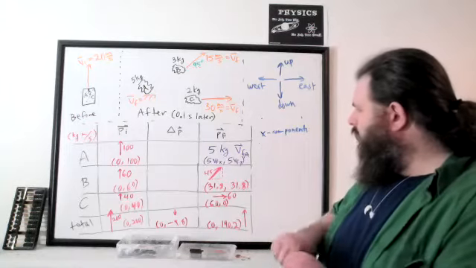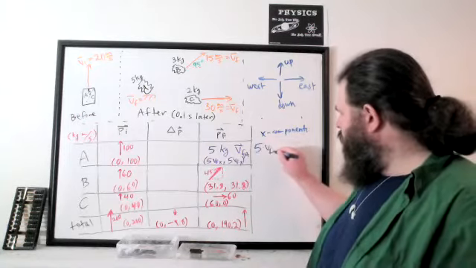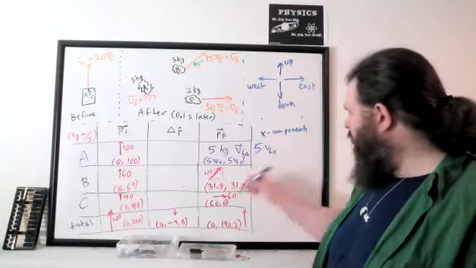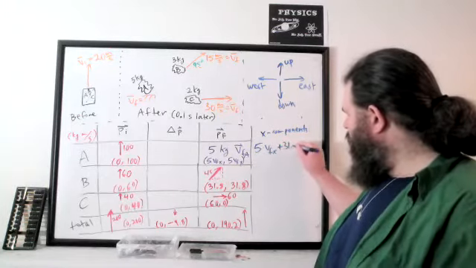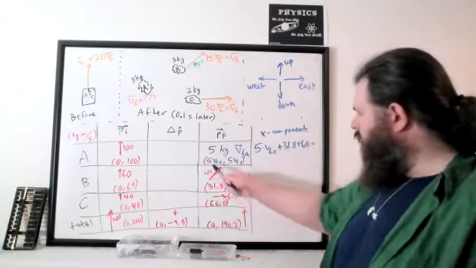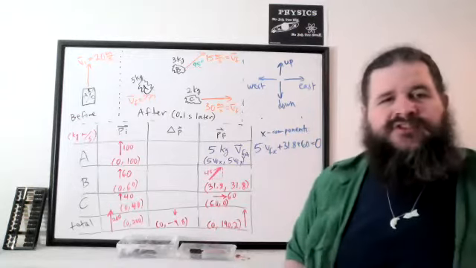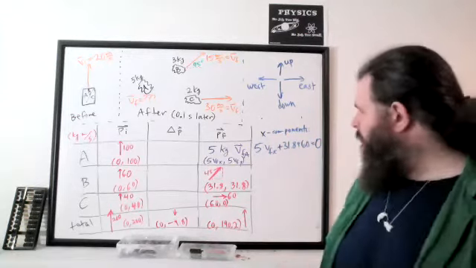we've got this unknown 5 times v final x plus 31.8 plus 60, and those have to add up to 0. So that's an equation we can solve for v final x.